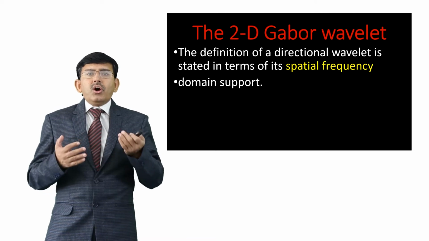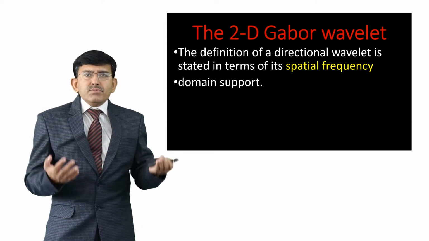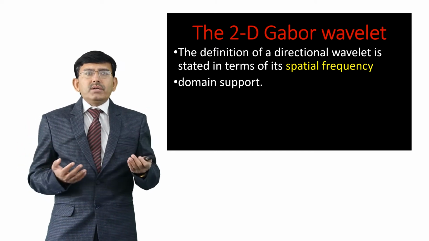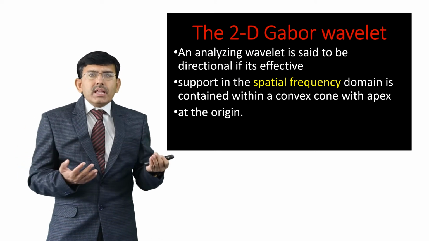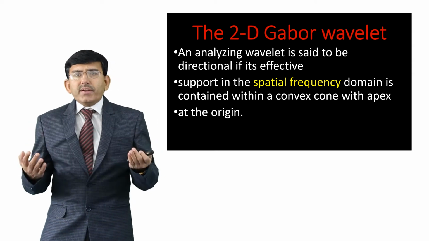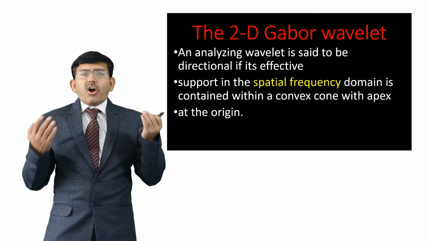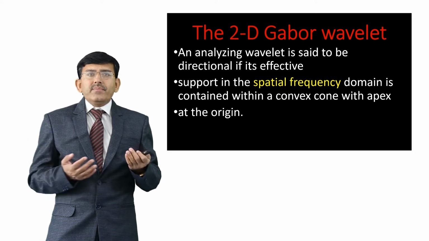The definition of a directional wavelet is stated in terms of its spatial frequency domain support. An analyzing wavelet is said to be directional if its effective support in the spatial frequency domain is contained within a convex cone with apex at the origin.